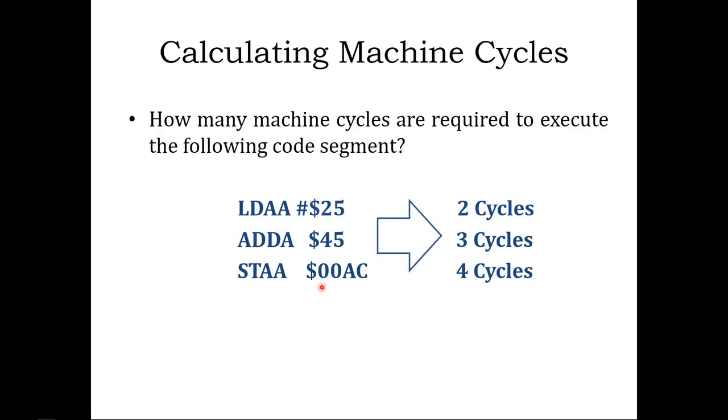So for these 3 lines, to calculate the machine cycles, all I have to do is just add the cycles. Pretty simple, okay? Now I have 9 cycles. So given these lines, just based on the addressing mode, I can directly tell how many cycles of the microprocessor you need to run these 3 lines of instruction.